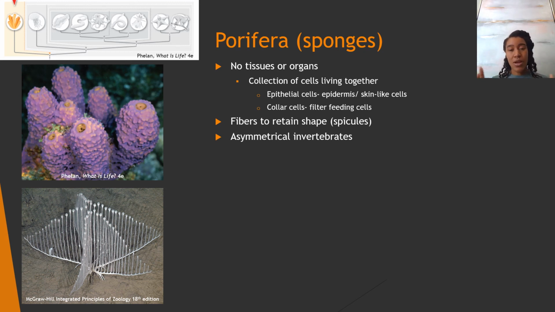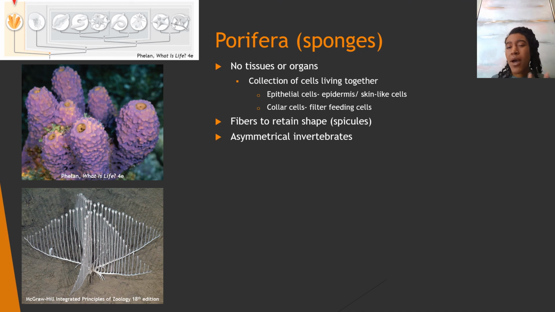Sponges, like I said, are a group of interacting cells. So how do they maintain some sort of structure? Well, they have these fibers called spicules that act almost like a skeleton for the sponge and give it its shape and keep it all held together in a way. And sponges exhibit asymmetry.